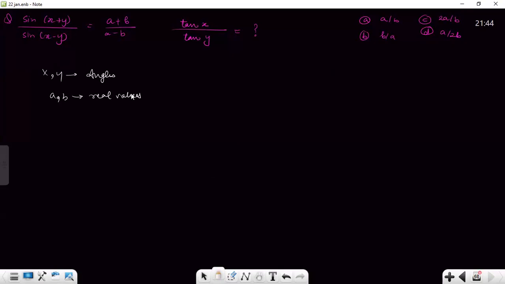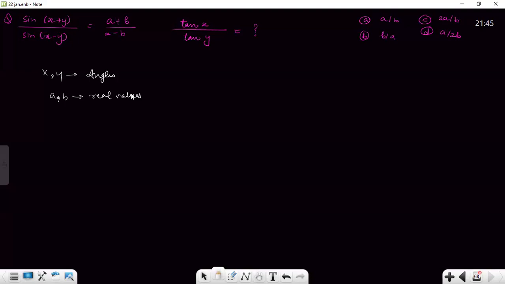So what if we consider x and y some angles such that we will be knowing the value of sine of x plus y and sine of x minus y, and we also should be knowing the tan of x and tan of y. So what should we consider as x and y so that we are aware of the trigonometric ratios of x and y and also of x plus y and x minus y?